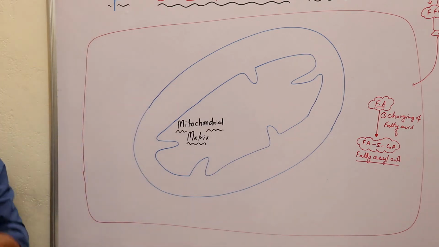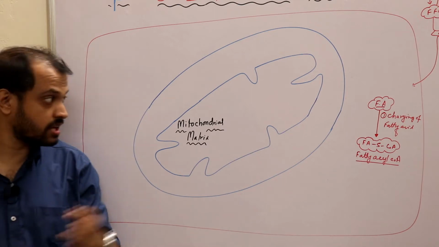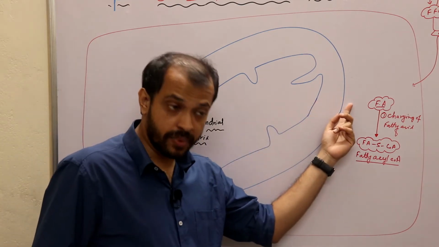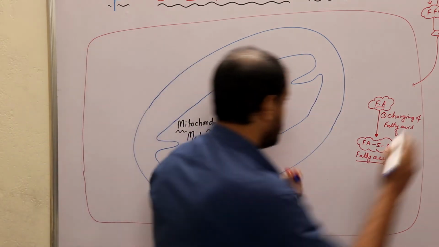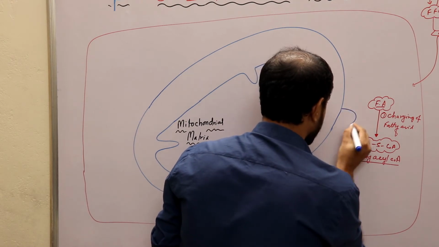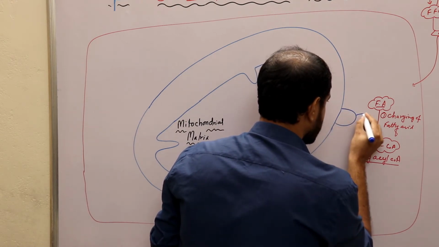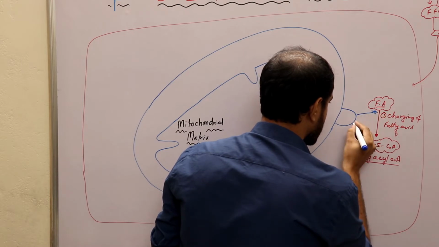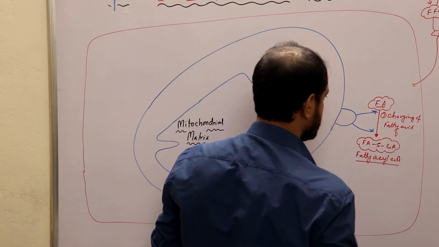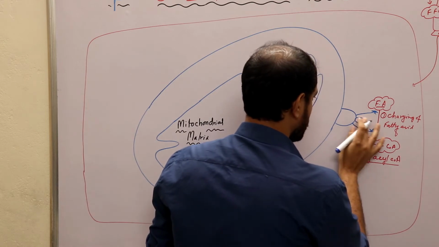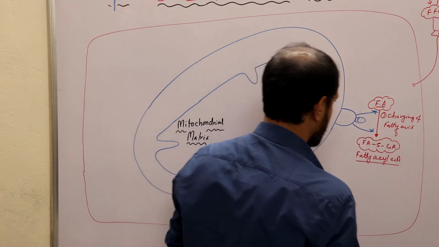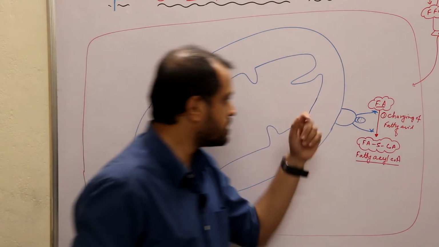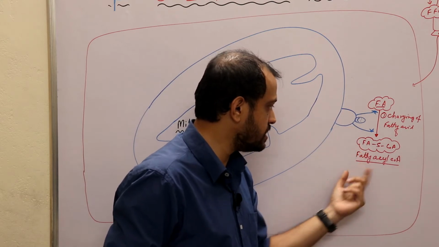Now this charging of fatty acid is actually done on the surface of the outer membrane of mitochondria. That means there is an enzyme which is performing this, that is, it is converting fatty acids into fatty acyl CoA.